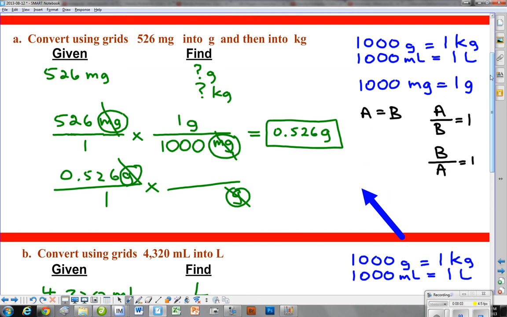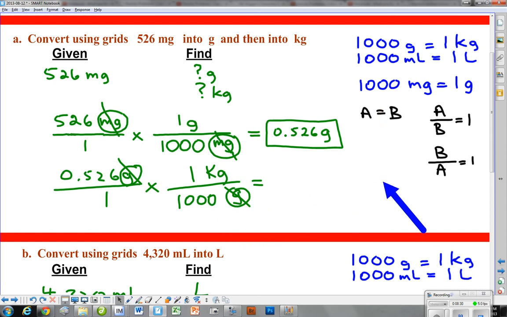So we're going to put our 1,000 down here. And on the top, we will have 1 kilogram. So, once I've done that, you'll notice that the number next to kilograms is 1, and the number next to grams is 1,000.